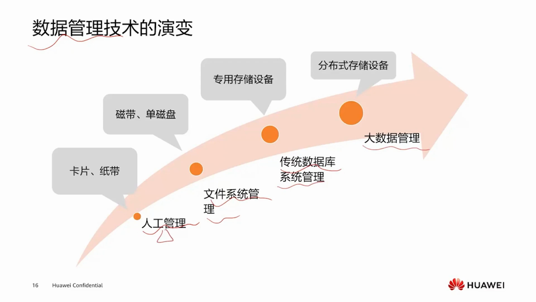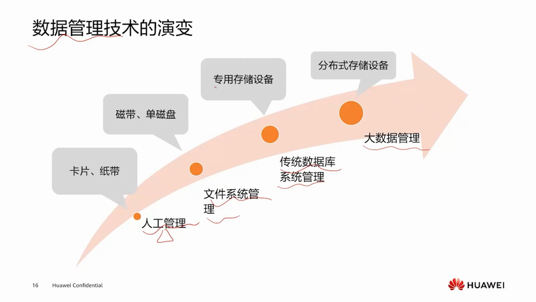The earliest stage is the manual management stage. During the manual management stage, the commonly used storage media were cards and punch tapes, which are now rarely seen. With the development of technology, data management entered the file system management stage. In this stage, the file system began to appear, and the commonly used media were tapes and disks.